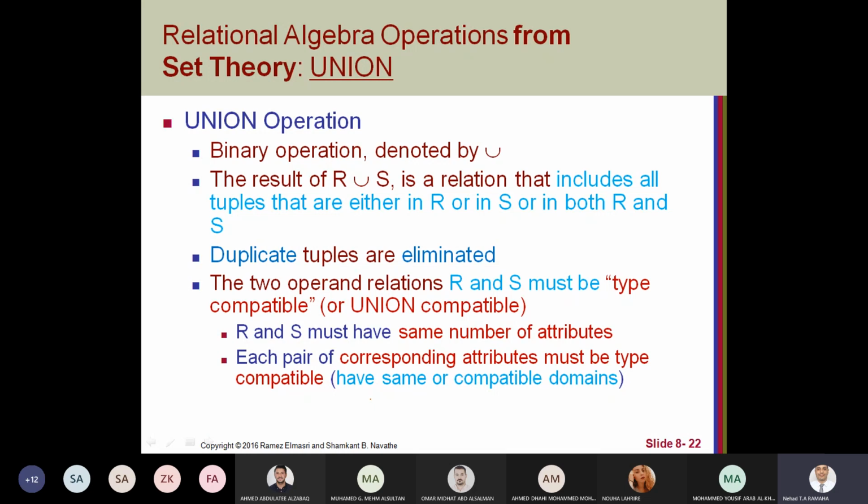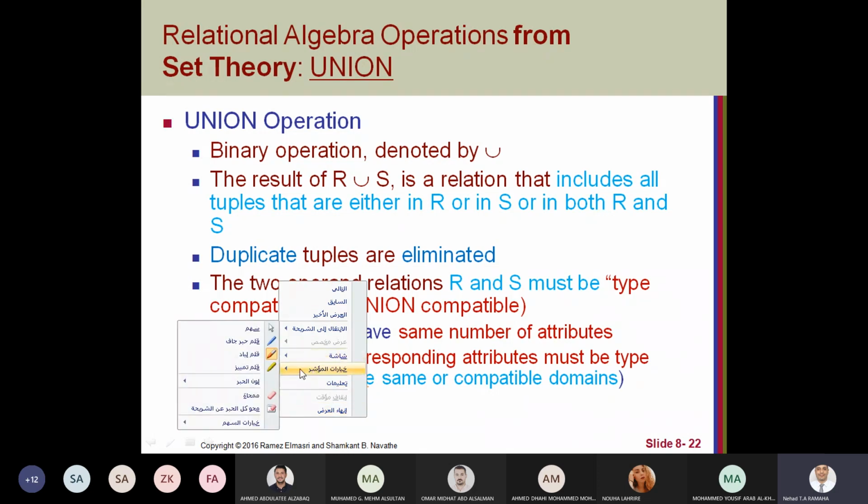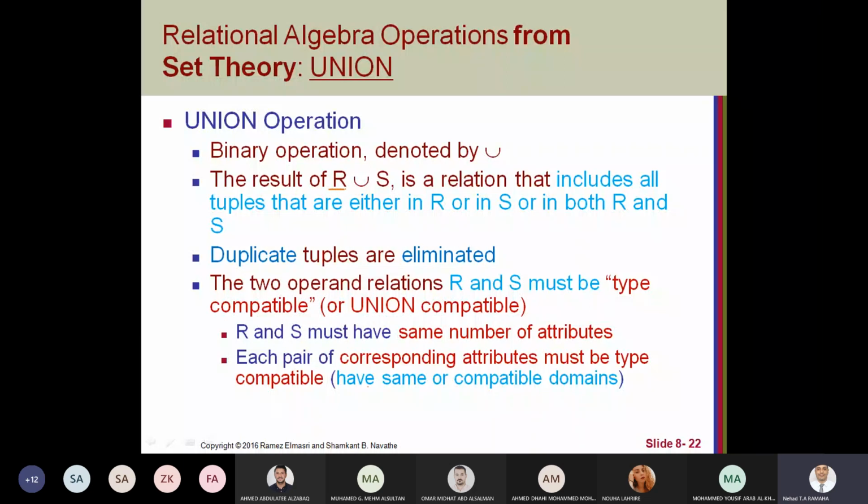It should be familiar to you, the union. In the union, the result will include, of course, union, it's a binary operation. So we have two relations as input.